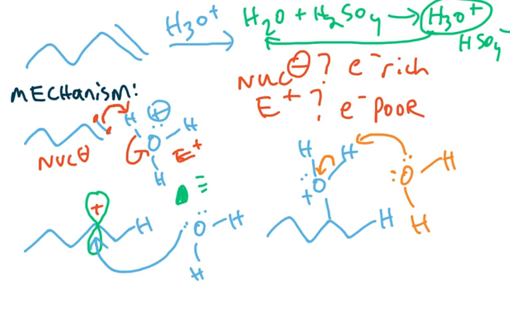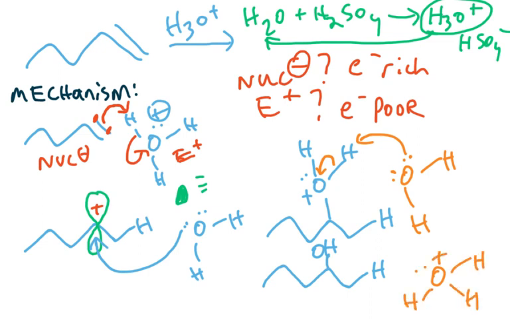So now we're going to have our product, which is going to look like this, and we're going to have OH here. And then because this water attacked the hydrogen and gained a hydrogen, it's going to turn back into hydronium. So that's going to look like this. And see what happened is we gained back our catalyst.